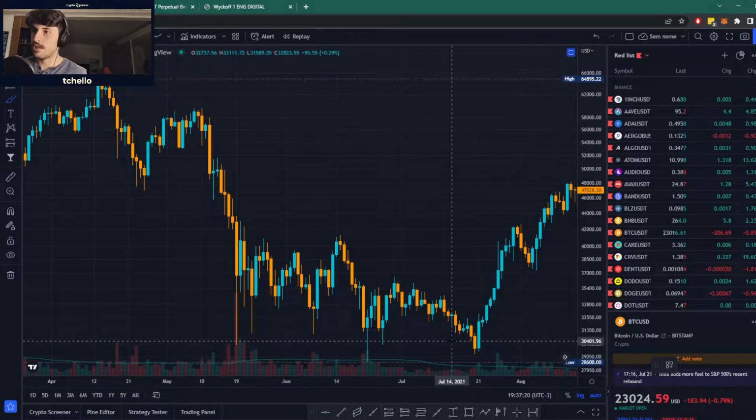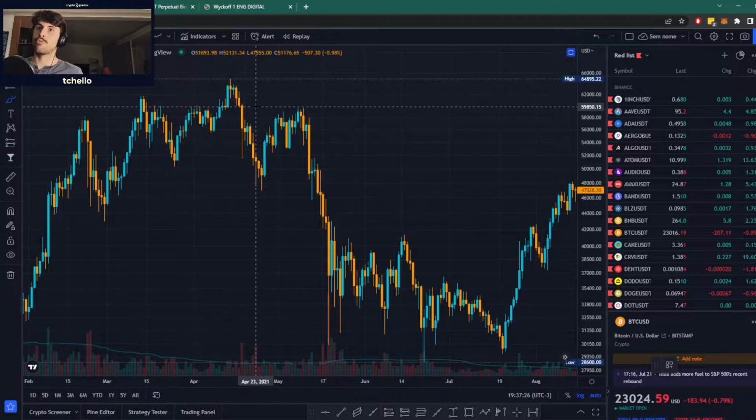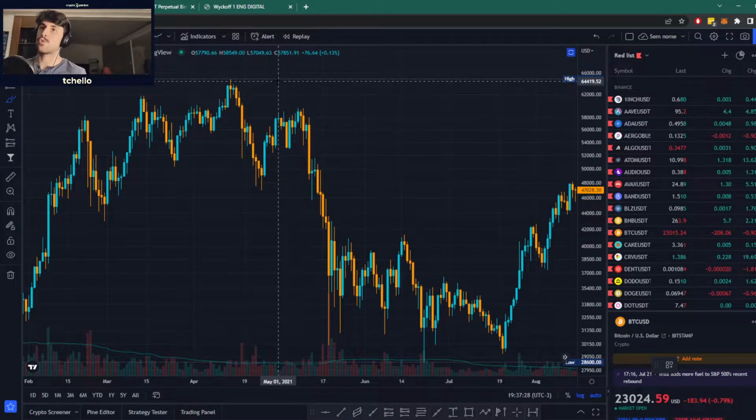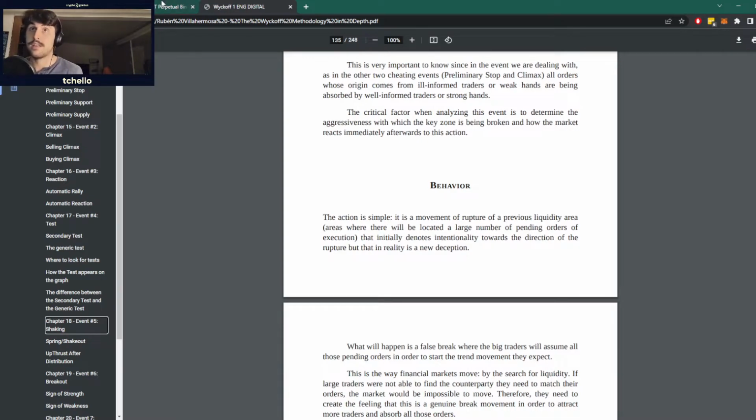If it is an accumulation, it's to get the stop loss or even liquidations of the people who are long. And if it is a distribution, it's to get the stop loss or liquidation of people who are short. It is a pretty common behavior that you'll see in financial markets.